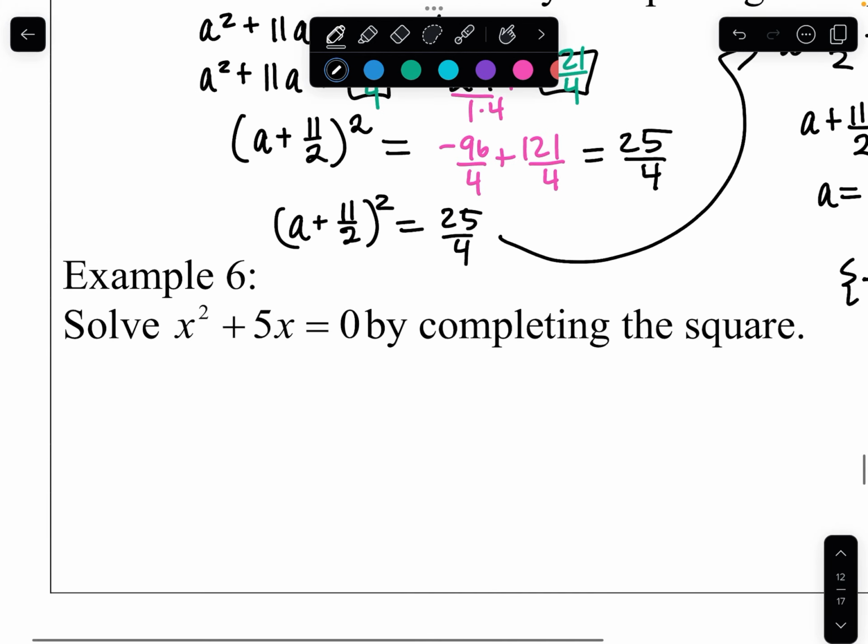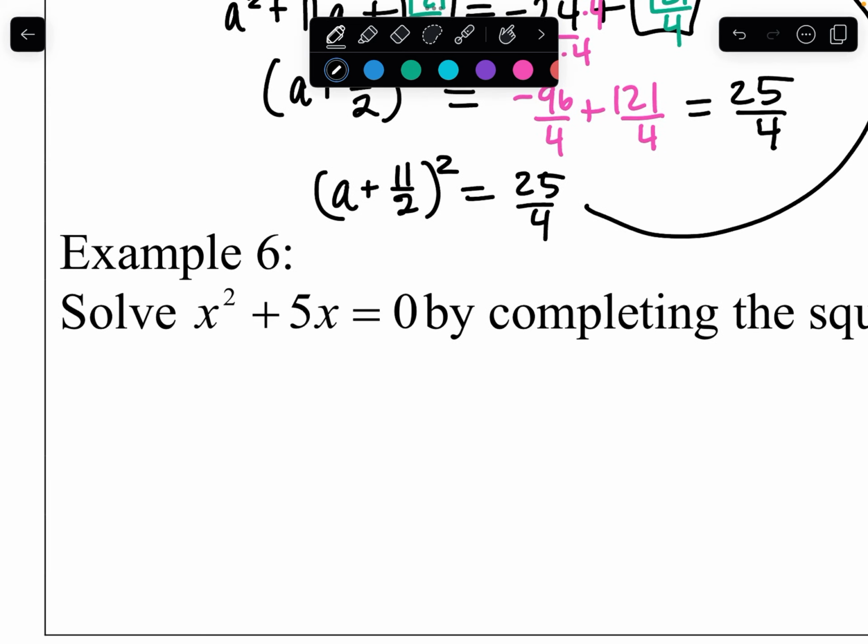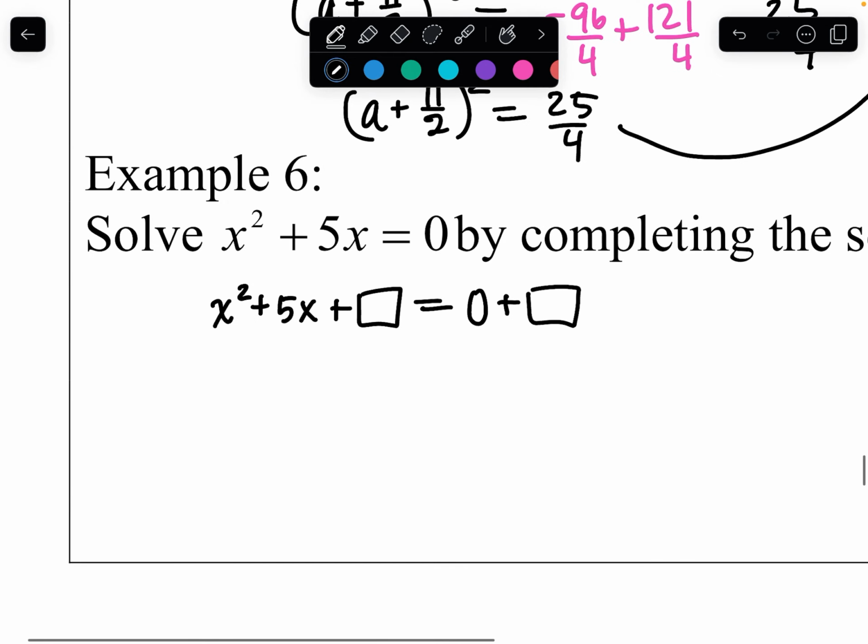Okay, and so for this last one, it's set equal to 0. And so honestly, I would just factor out a GCF. Both of these, you could factor out an x, but if we're completing the square, we make room for our boxes, and 0 plus that box is just going to be that number.